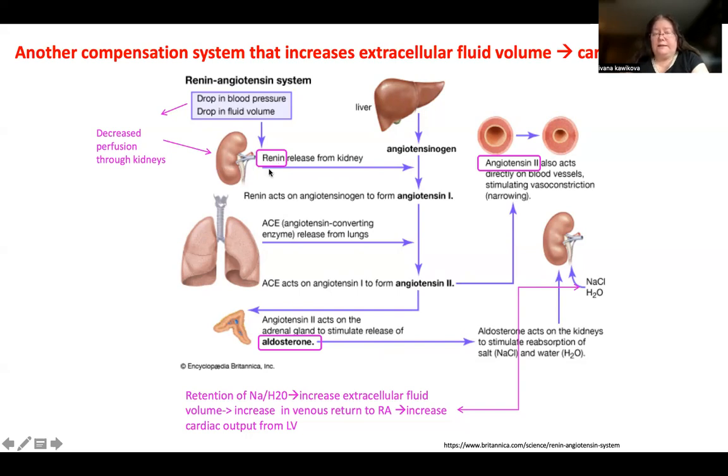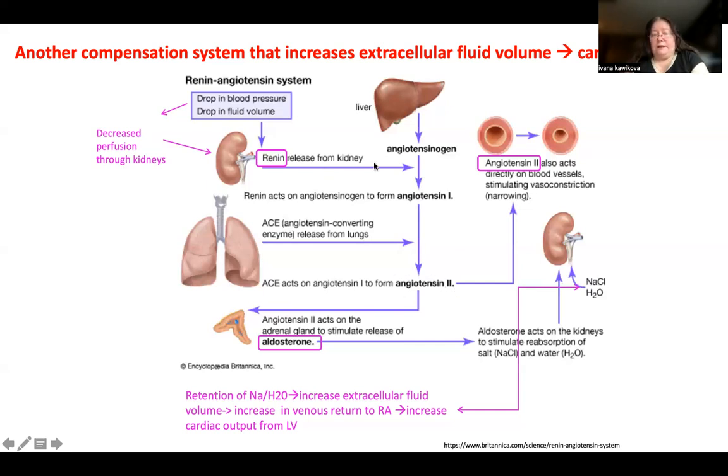Renin then starts a cascade that leads to formation of angiotensin II. First, it acts on the liver to release the precursor, angiotensinogen, which is a peptide of several amino acids, and renin then clips it, making angiotensin I. As angiotensin I goes through the lungs, it is clipped again and becomes angiotensin II.